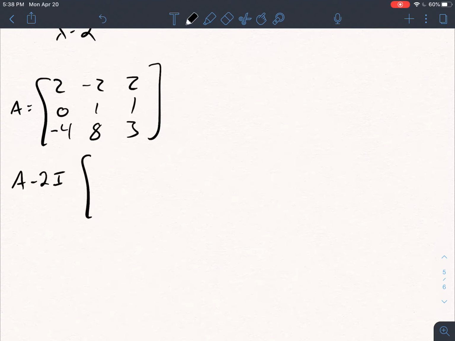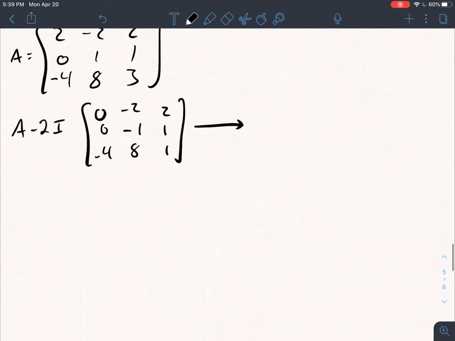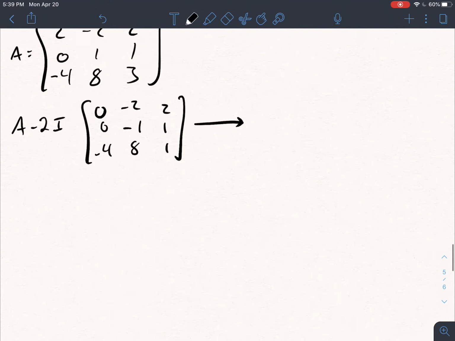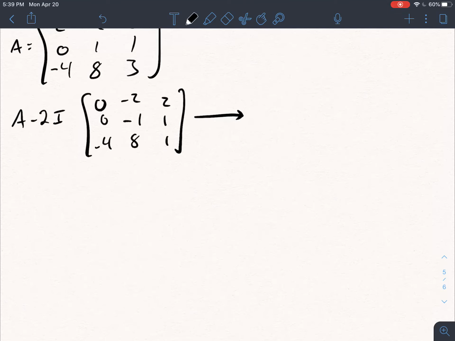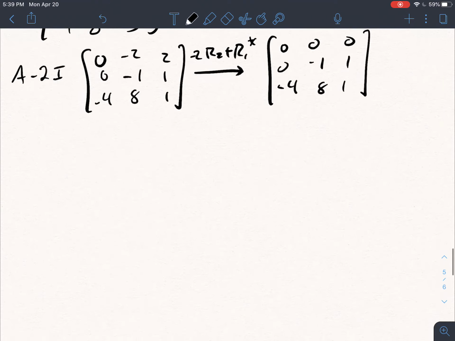Here's our A again. Now we're doing it for lambda equals 2. So A minus 2I would be 0, -1, 1 along the diagonal. Let's do -2 row 2, add it to row 1, and then that'll be a row of zeros now.